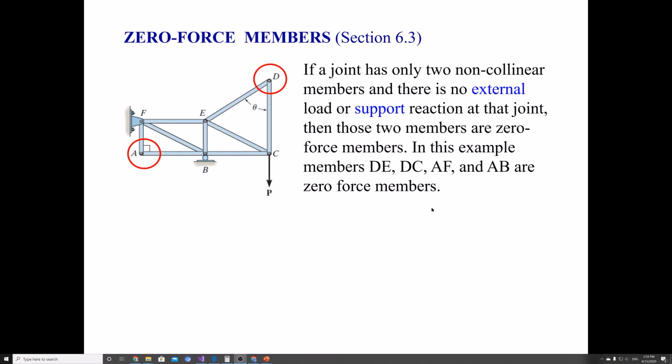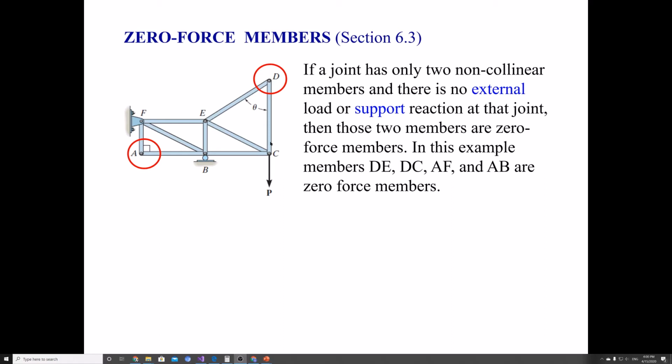So often the case when you start to look at a problem, first thing, if there are certain members that are connected with no forces, like there's no reaction and no external force acting at those points, and they're non-collinear, meaning they're not along the same line, and there's only two members connected together, what you're going to find is there's no load on these.